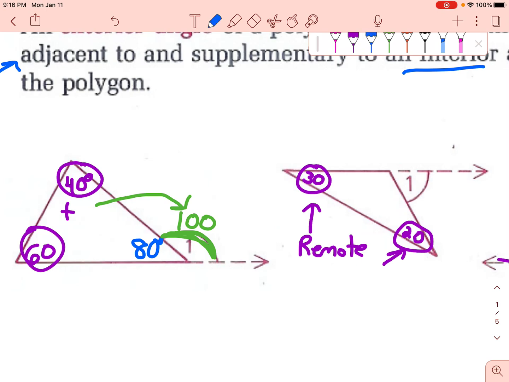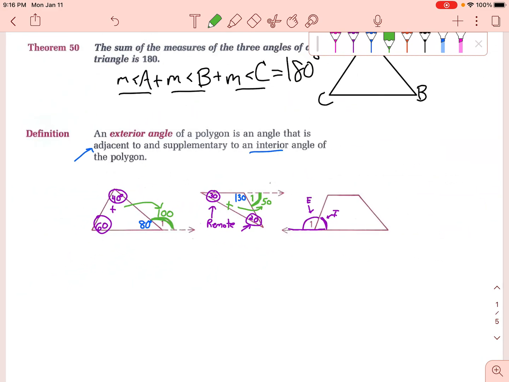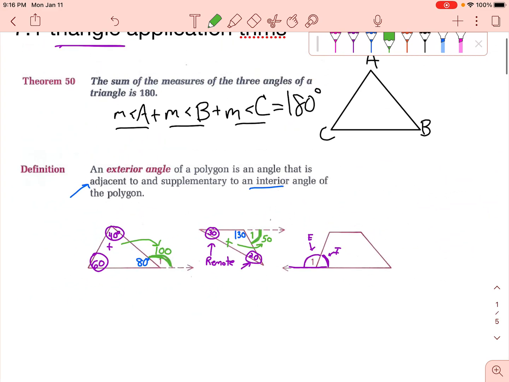Those are my remote angles. So 30 and 20 add up to 50, which makes this blue angle 130. And then, wait a minute, angle 1 is 50. That's crazy, because these two purple angles add up to 50. Does that always happen? It absolutely does.